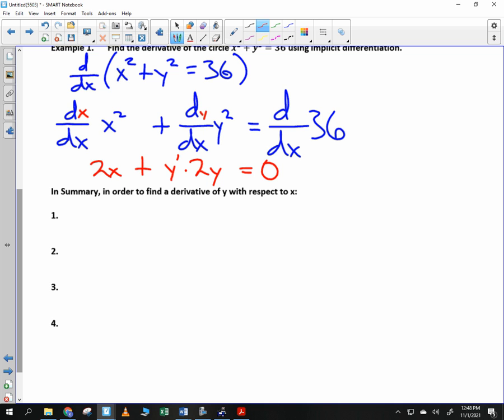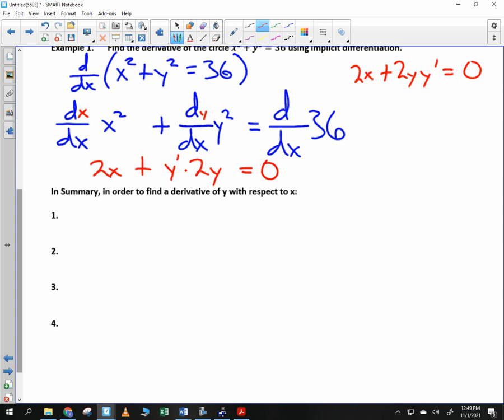So the rule for today is this. When you take derivatives, anytime you take the derivative of something with y, simply attach a y prime. So I've tried to explain why it happens. Some of you will remember that, some of you won't. That's okay. Just if you ever take a derivative with a y, attach a y prime. We good? So now let's solve it. We have 2x plus 2y y prime is equal to 0.